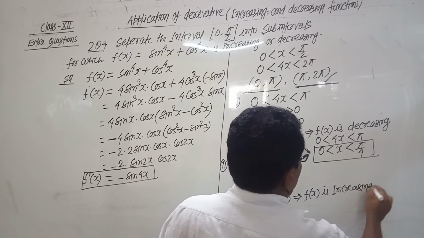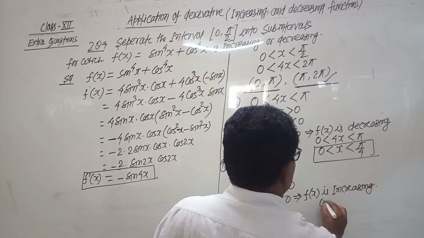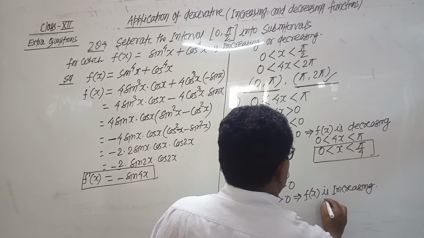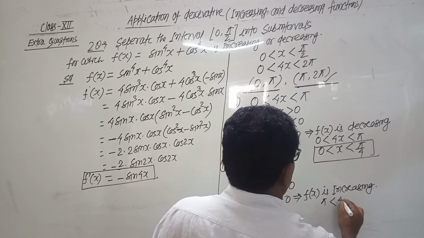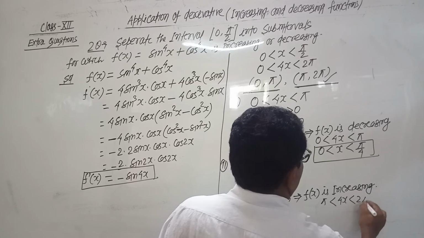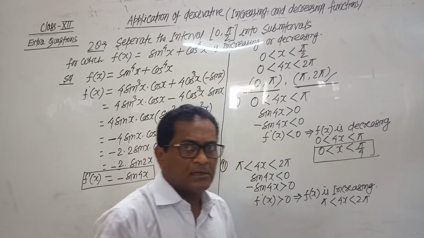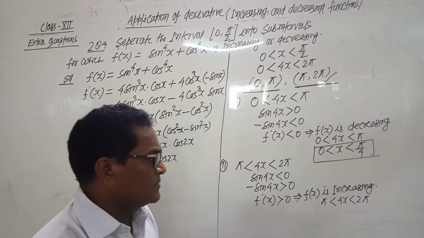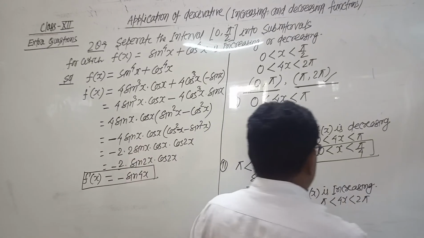F(x) is increasing in pi less than 4x less than 2 pi. Now we have to find the interval in terms of x, so divide by 4 again.